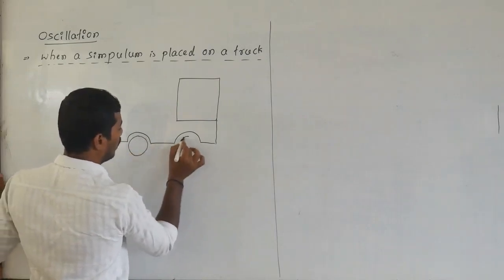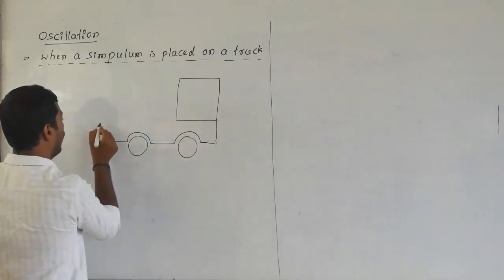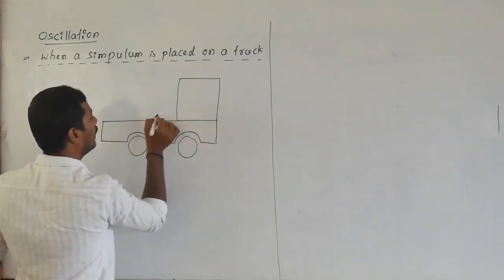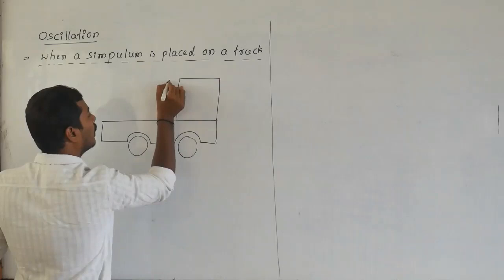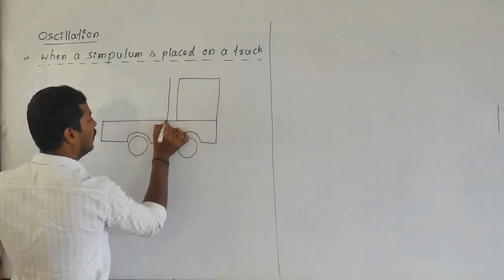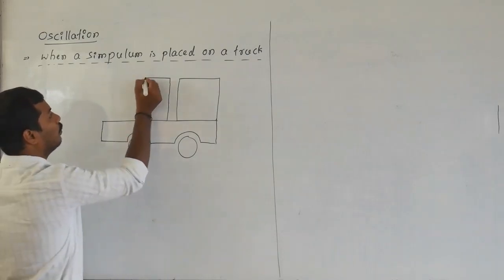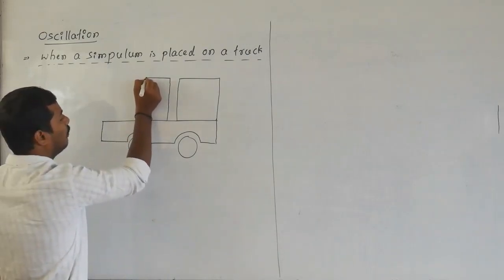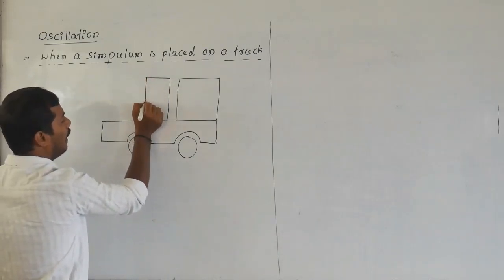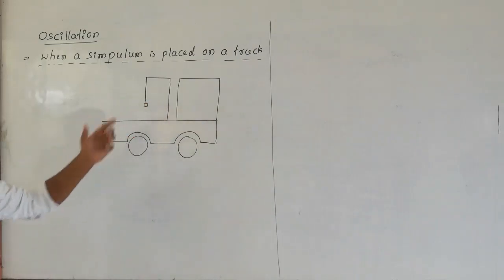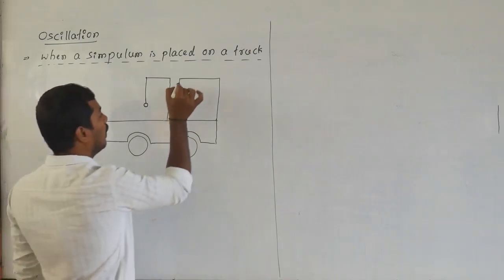There is a truck here and one pendulum is placed on this. It is a stand and there is a rigid support here. One pendulum is just hanged like this.